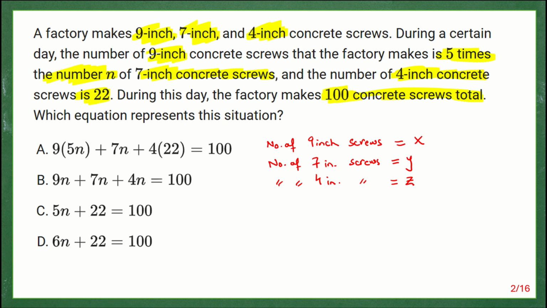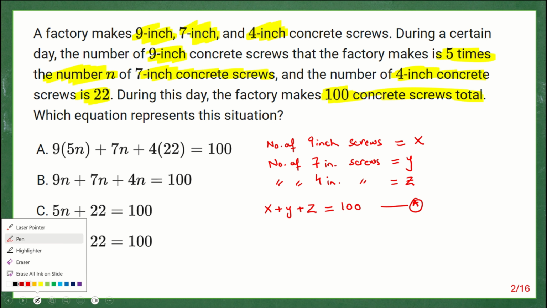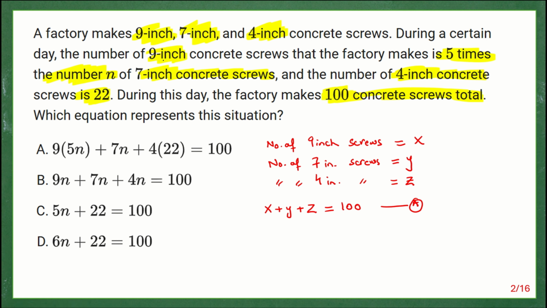Now since we know that the total number of screws made in a day is equal to 100, we have x plus y plus z equals 100. So this is the equation that we are trying to figure out. Now let's figure out the values of x, y, and z here. It is given to us that the number of 9-inch concrete screws, that is variable x, that the factory makes is 5 times the number n.